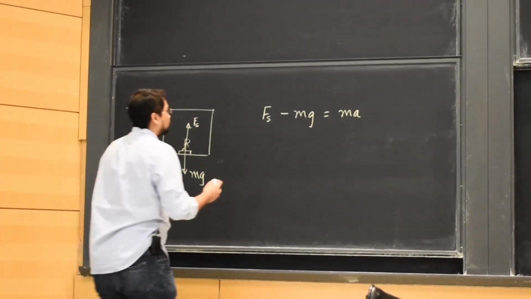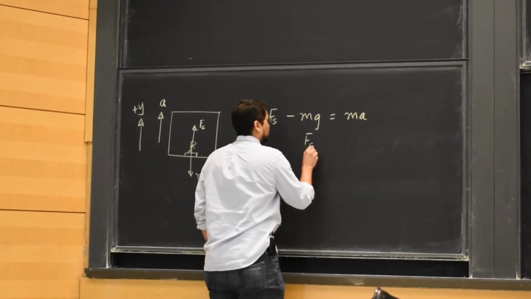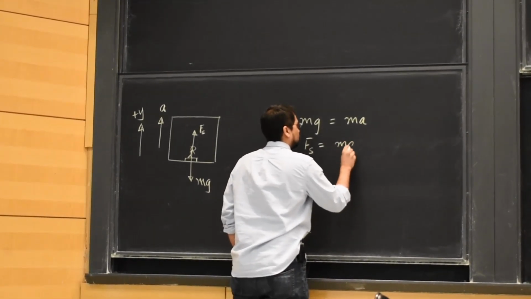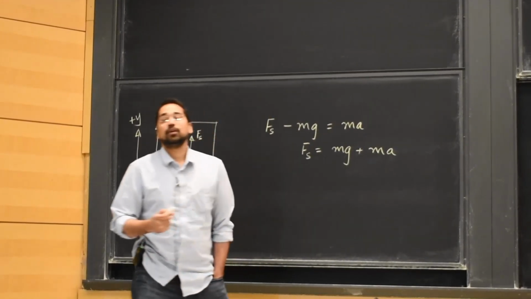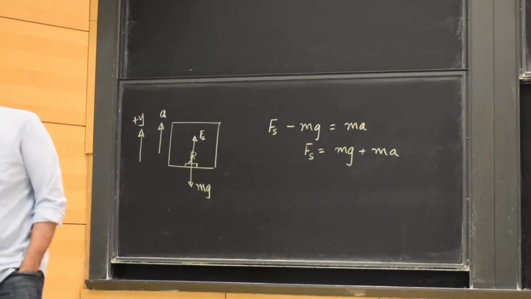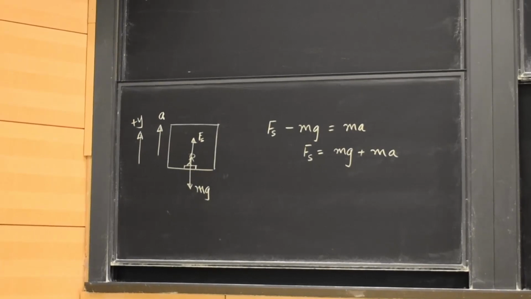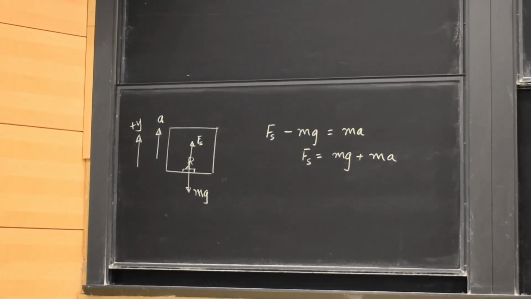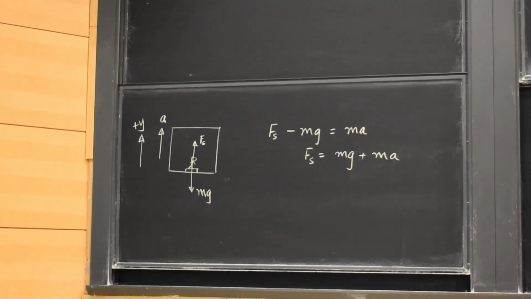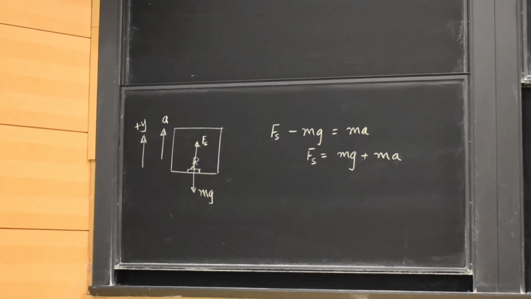So all in all, the amount of force that the floor of the elevator exerts on me is equal to not just mg, but there is an additional ma that comes into the picture. So I actually end up feeling heavier than I really am.